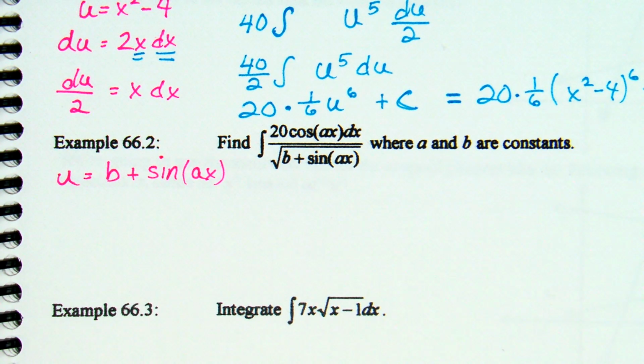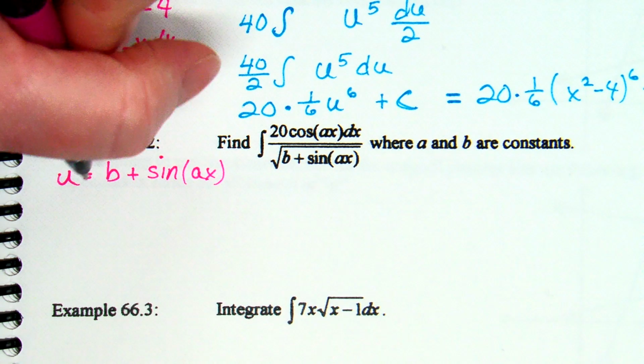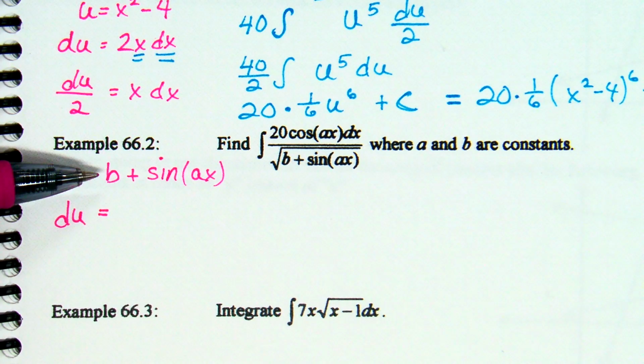Before we do too much here, because there's probably some concern about that cosine up there, take the derivative of u. The derivative of u is du. Derivative of b is a number, so the derivative of a number is nothing.